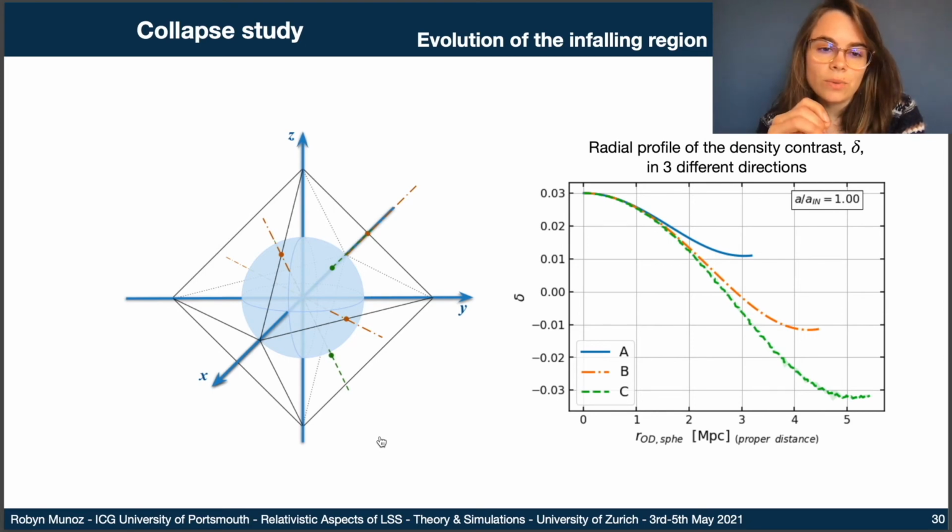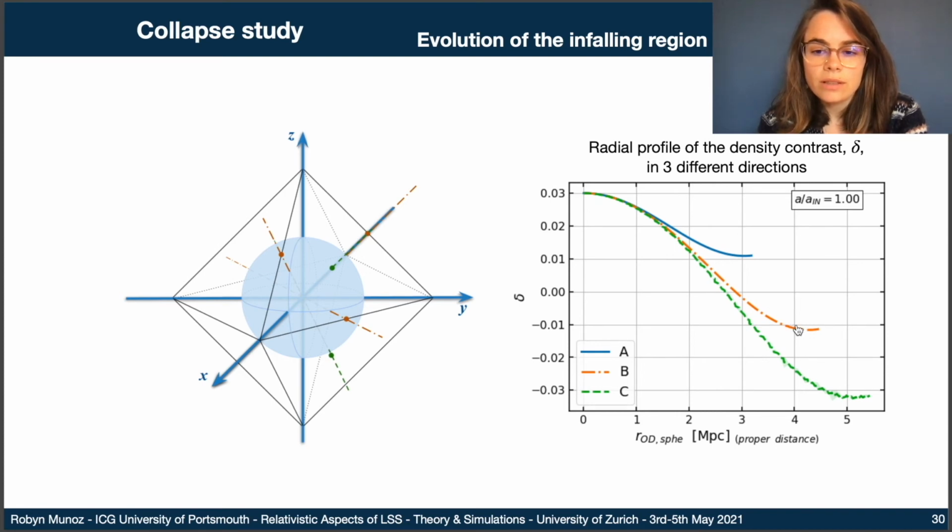These are the directions where you would have the filamentary structure that I described before. If you take a radial profile of the density contrast, you see that in this direction you have a smaller spread of the density contrast compared to the other ones.